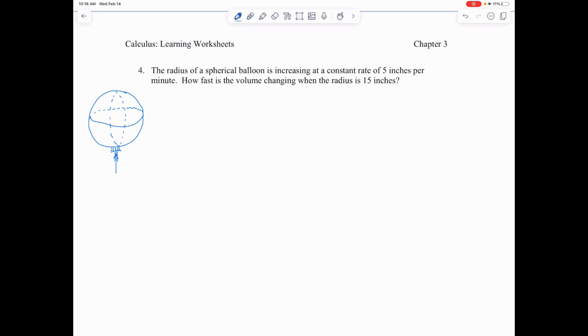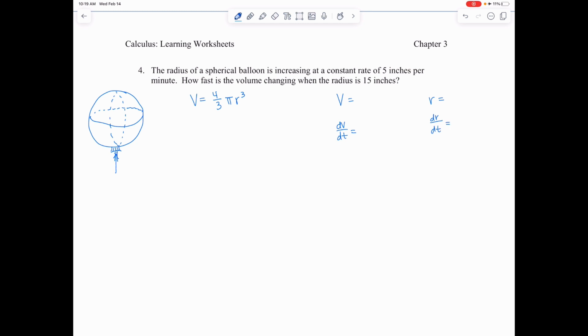If we were to calculate the volume, think back, what is the volume of a sphere? 4/3 pi r cubed. So the important variables here are the volume and the radius. And both of these things change as our balloon gets bigger. So let's outline our volume, our radius, and then the rate that these things are changing, dV dt and dr dt.